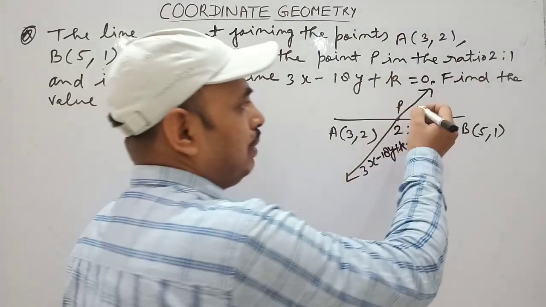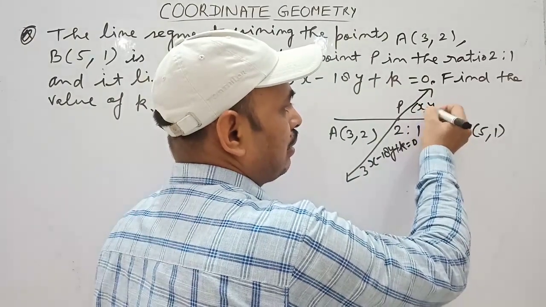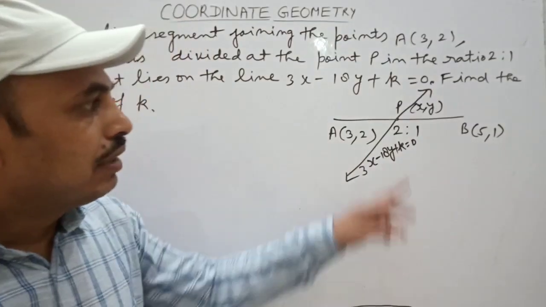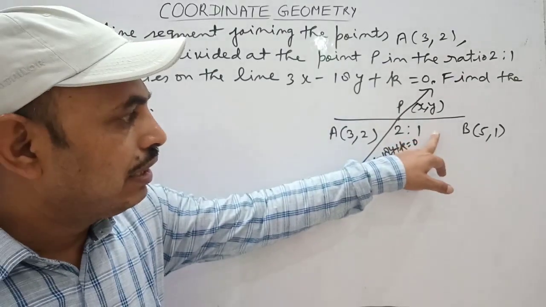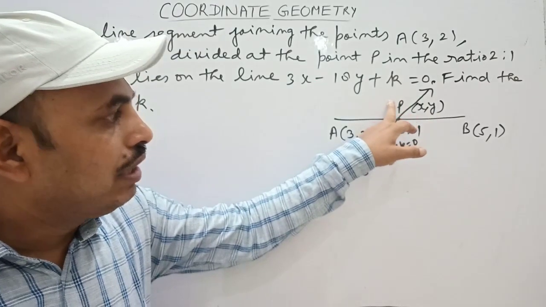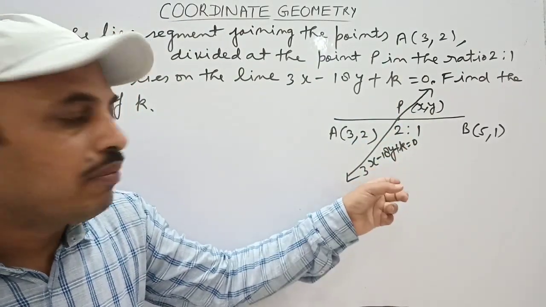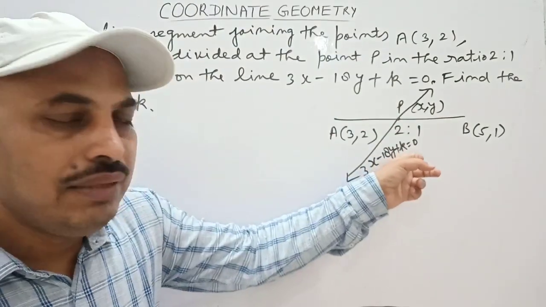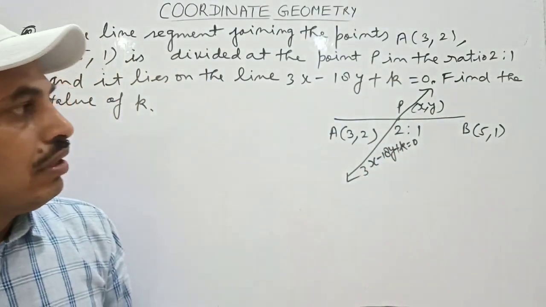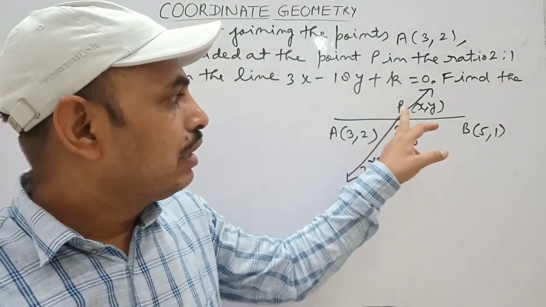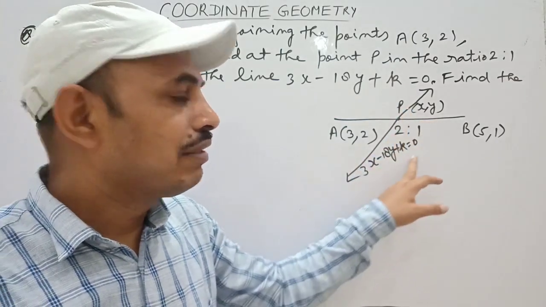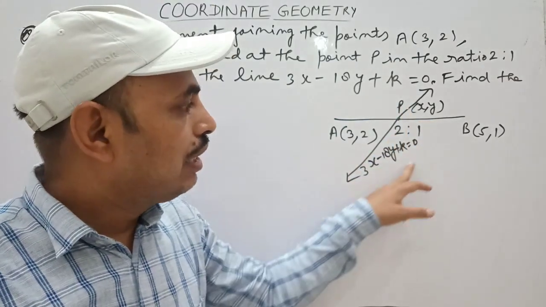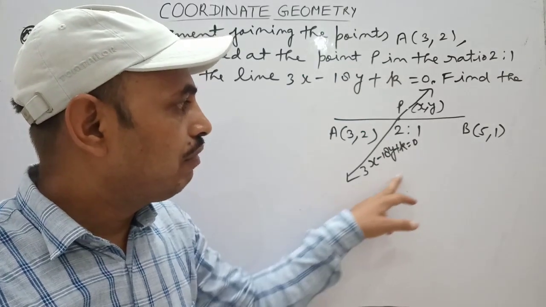Suppose coordinates of P are (x, y). So this point lies on the line segment AB, and this point also lies on the line 3x minus 18y plus k equal to 0. So coordinates of P will satisfy this equation of line.